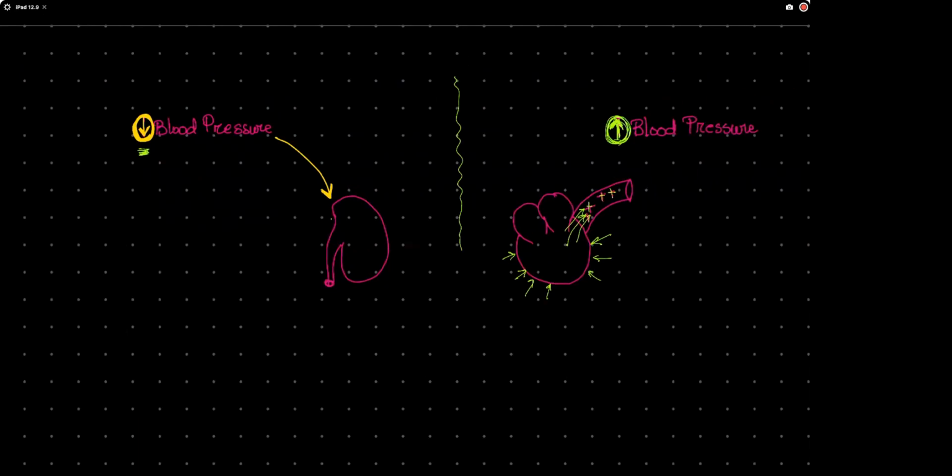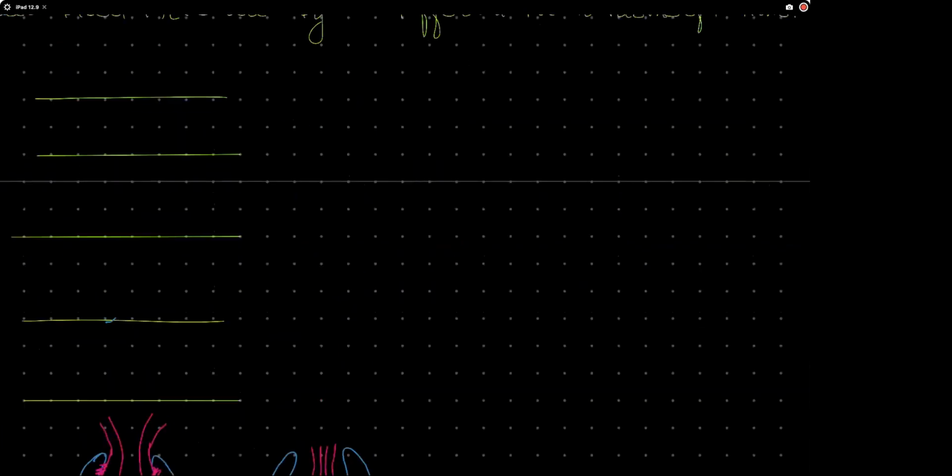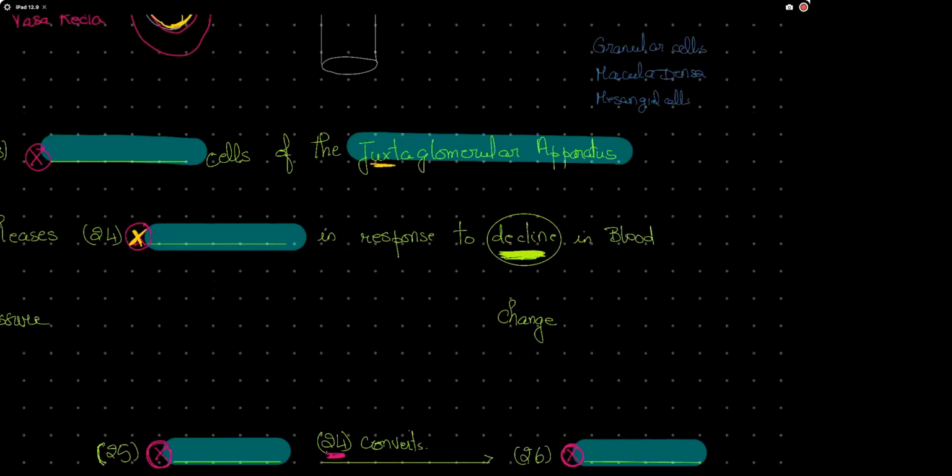Those clusters of cells are what we call the juxtaglomerular apparatus. So we have 1 million of them, one next to each of the glomeruli of the nephrons.